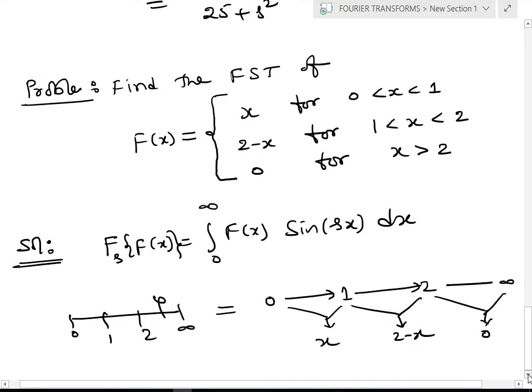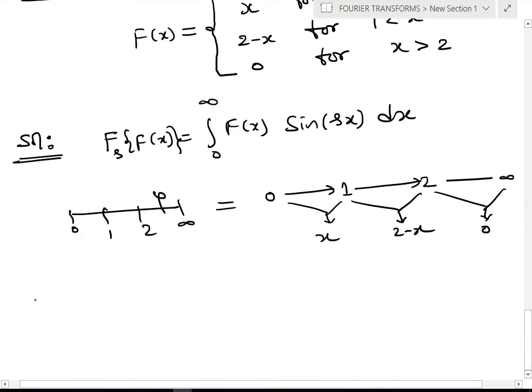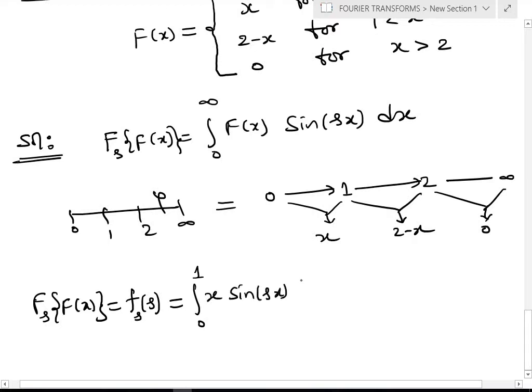So according to this, the Fourier transformation F of s is equal to, first, the integral from 0 to 1 of x sine of sx dx, plus the integral from 1 to 2 of (2 minus x) sine of sx dx.